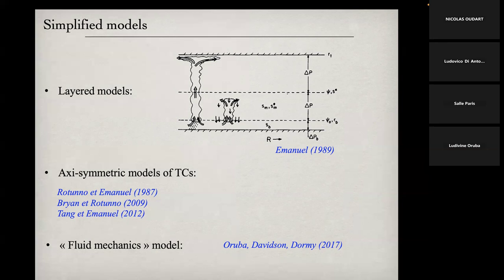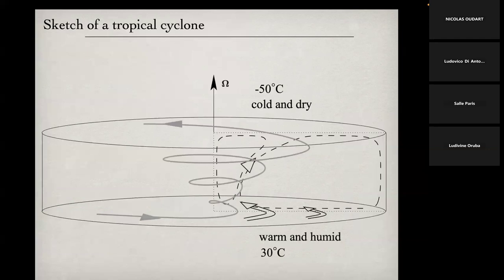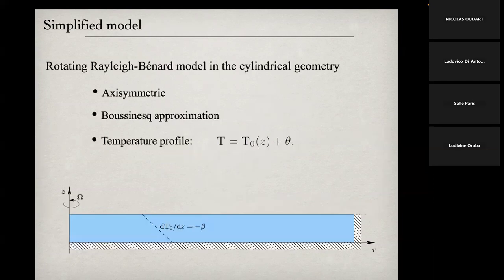So the idea was to model an isolated tropical cyclone. So I mean a convective structure which develops between a warm ocean and the cold troposphere under the action of the Coriolis force. And so the model we constructed is a rotating Rayleigh-Bénard model written in the cylindrical geometry.